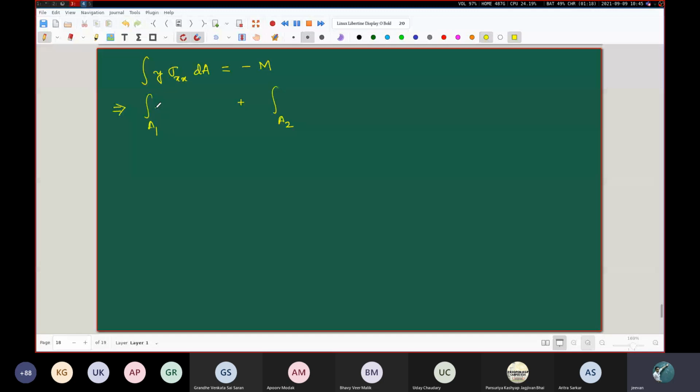So this is y sigma 1 dA. This is y sigma 2 dA. This is equal to minus M. Now all that you have to do is appropriately substitute this sigma 1, which is minus E1 y by rho, into this. We already have a y here.